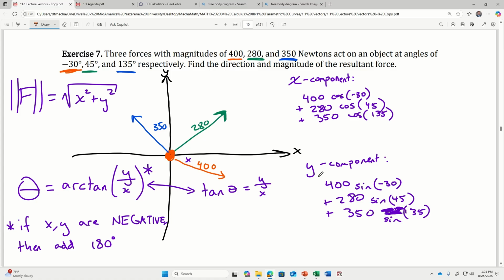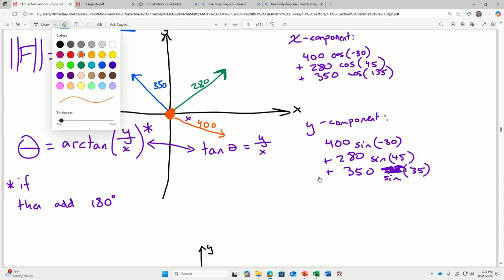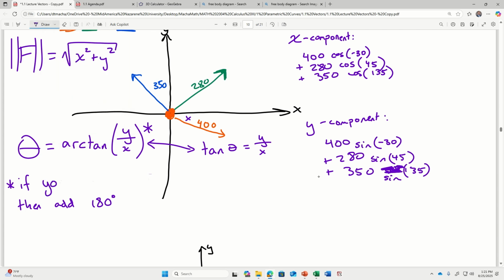The way you fix this is you add 180 degrees, or you add pi. I should say, if you should be in quadrant 2 or quadrant 3, then add 180 degrees.